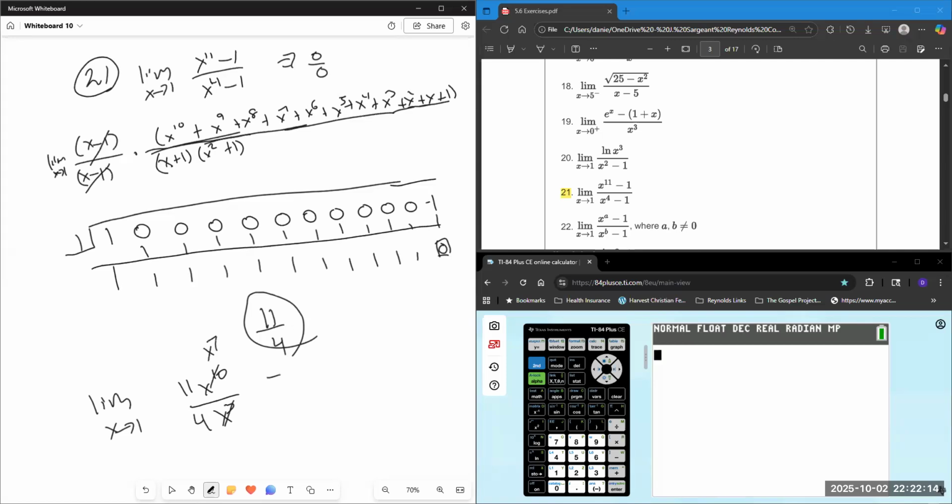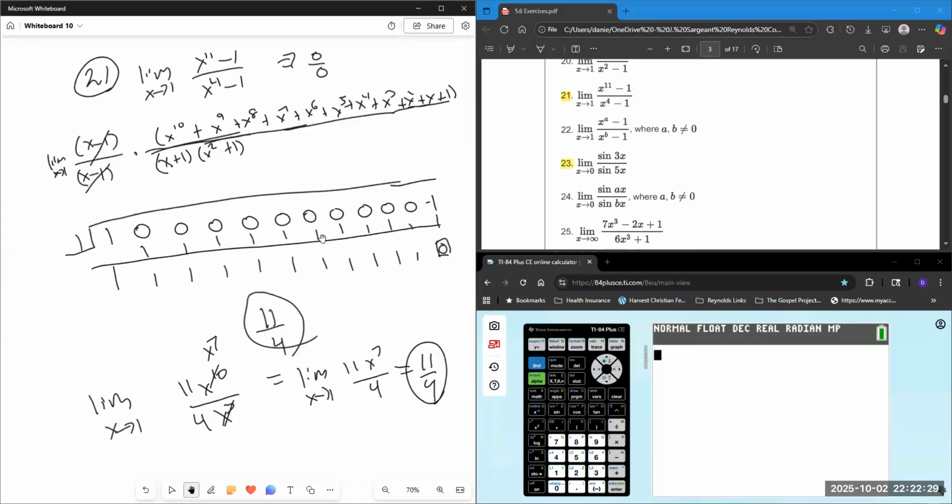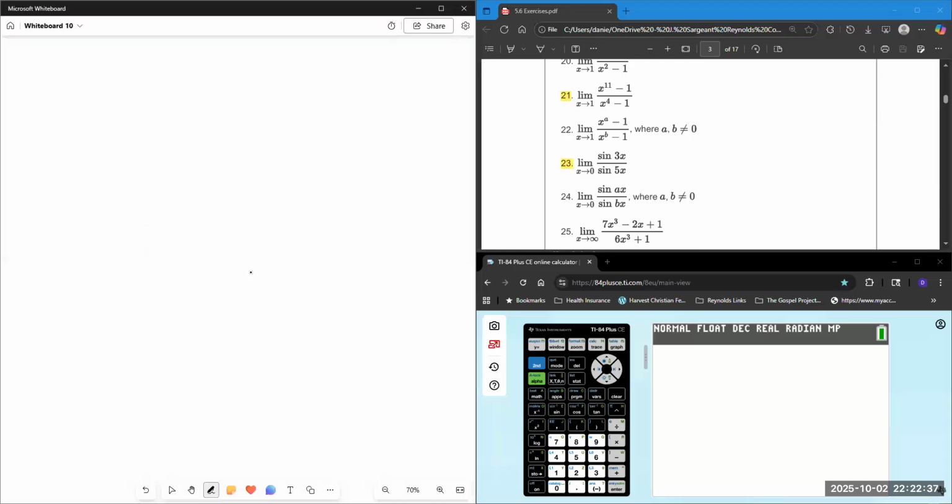This is x to the 7th, so the limit as x goes to 1 of 11x to the 7th over 4 is 11 over 4. It's the same answer. L'Hopital's rule is much better there to avoid that long division of polynomials or synthetic division or whatever. Let's look at 23. 23 is not that bad to do the old way.